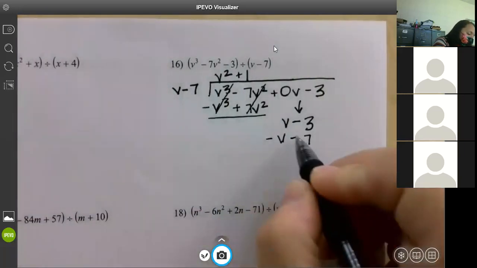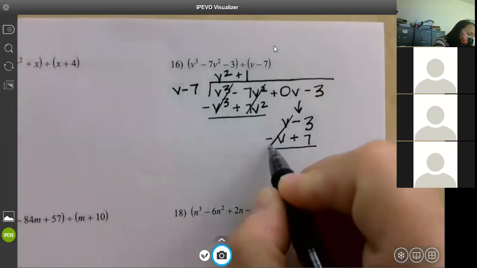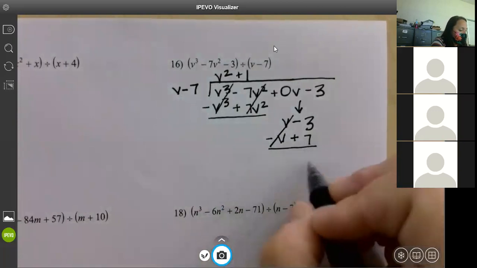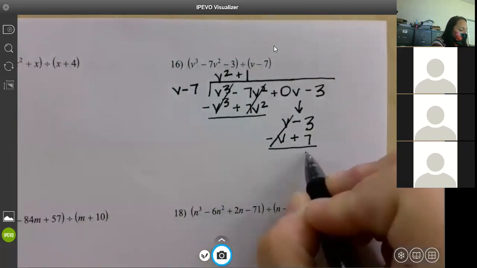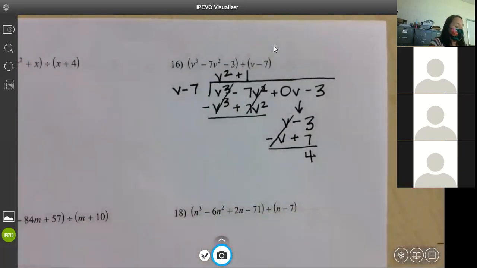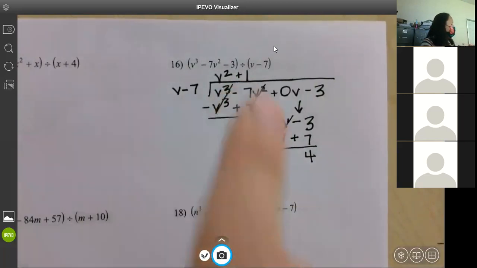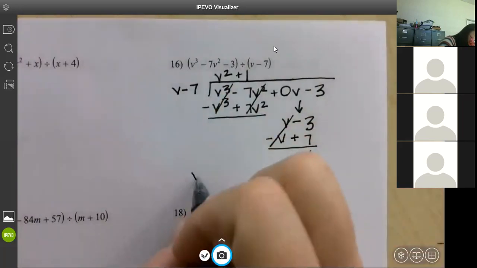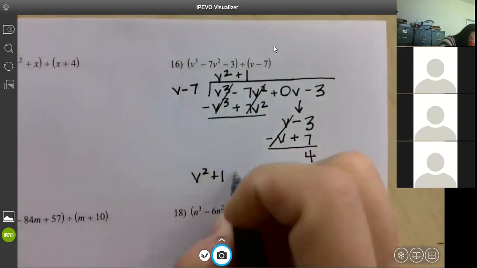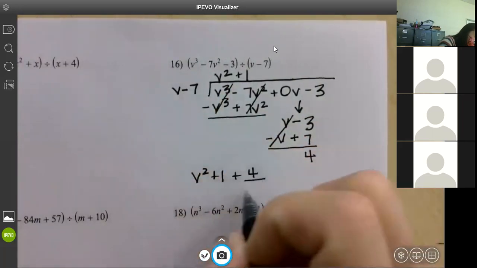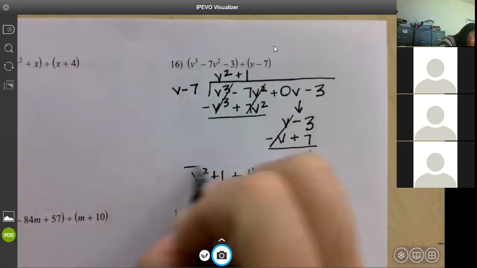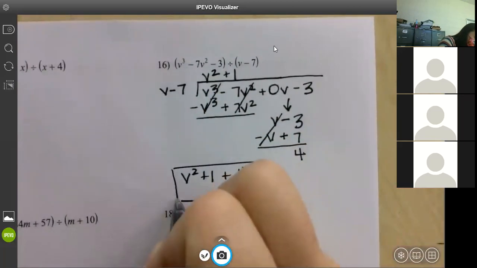We're going to change our signs to get those V's to cancel out. And what are we left with? 4. Positive. Yeah, that's your remainder. And this is typically what's going to happen if you have to fill it in. There's going to be stuff that's missing, and that's okay. So our final answer would be V squared plus 1 plus our remainder of 4 divided by V minus 7.